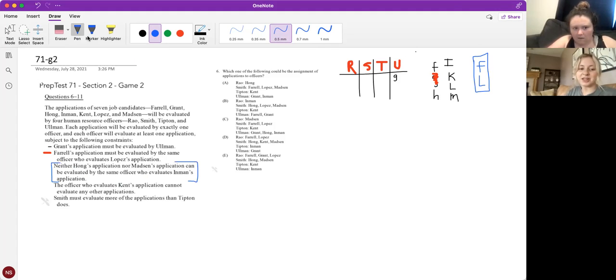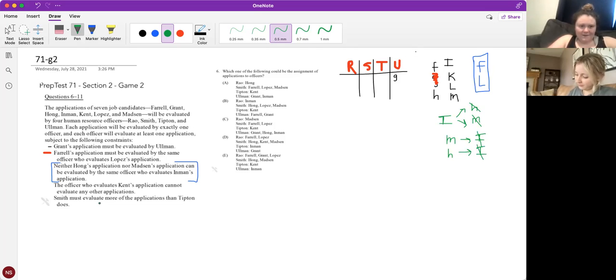So H and M cannot be in the same category as I. So I would draw this like if we have I, then we can't have H, and we can't have M. Or the contrapositive of that: if we have M, then we can't have I, or if we have H, we can't have I. Okay, that makes sense.